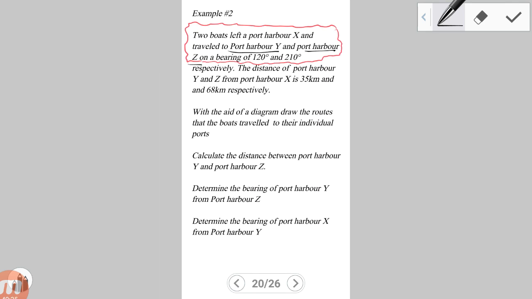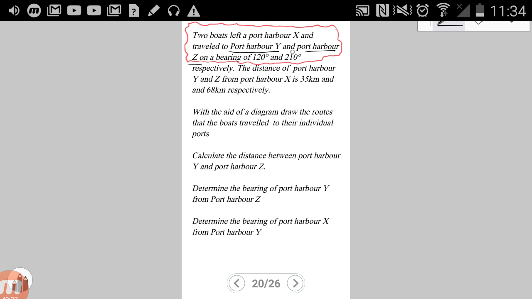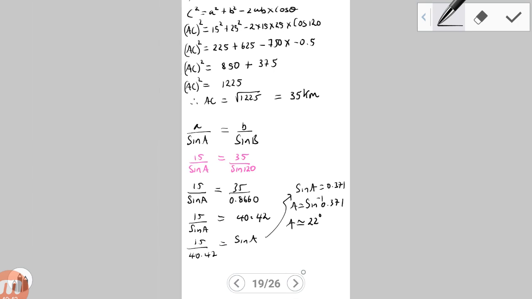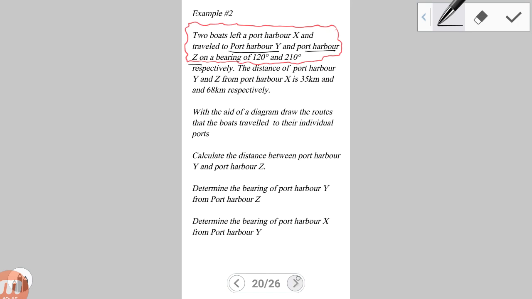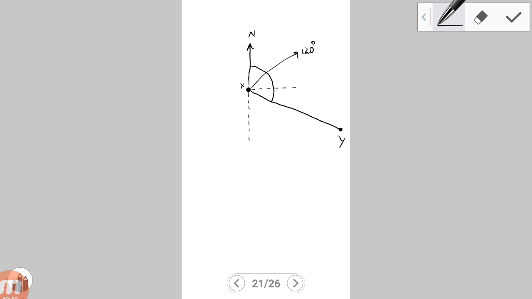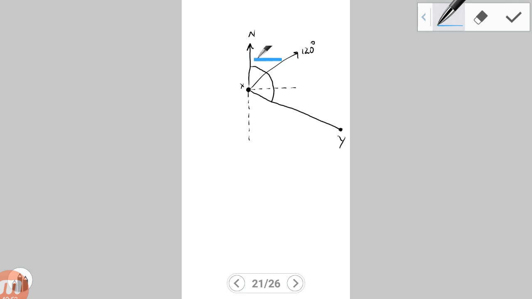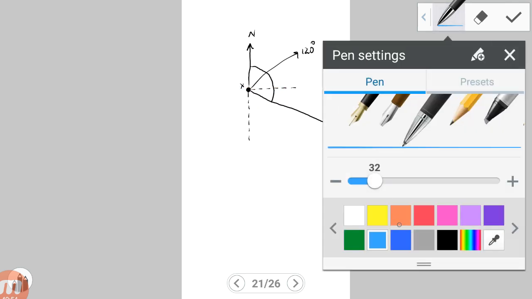Now another boat, it says here, leaves to go to harbor Z on a bearing of 210. Here we already established our north line, so let's just come around with a different color. We need another guideline, guys, because 210 is going to be in between 180 and 270.